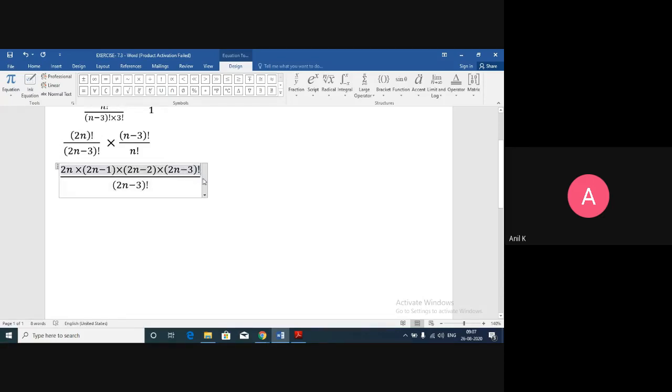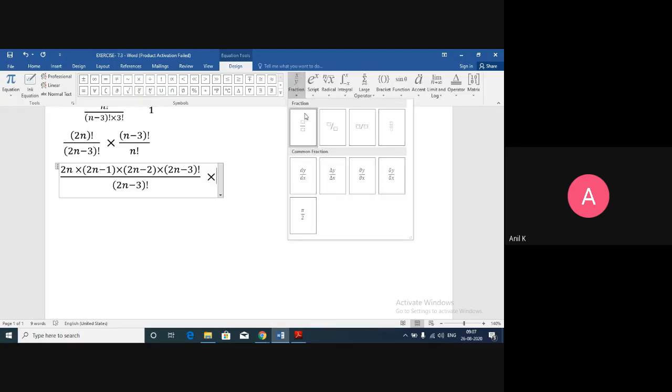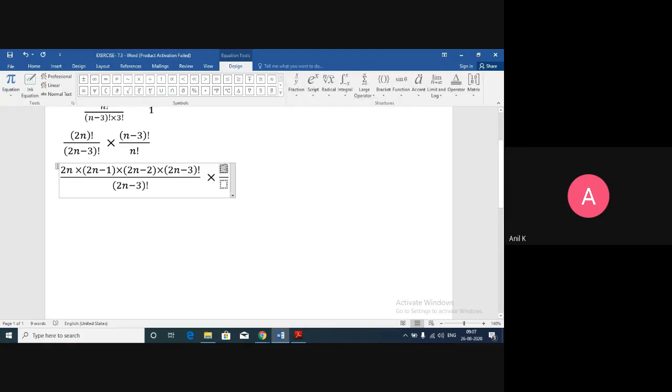Okay. So then multiply by, now next n minus 3 factorial I have to expand, or n factorial. So I have to expand n factorial till I reach n minus 3 factorial.